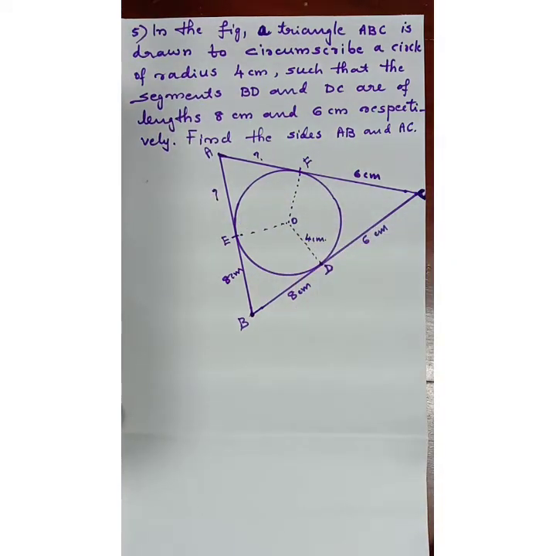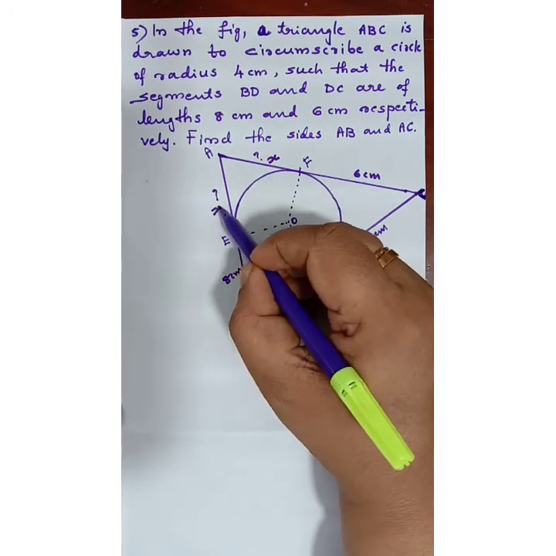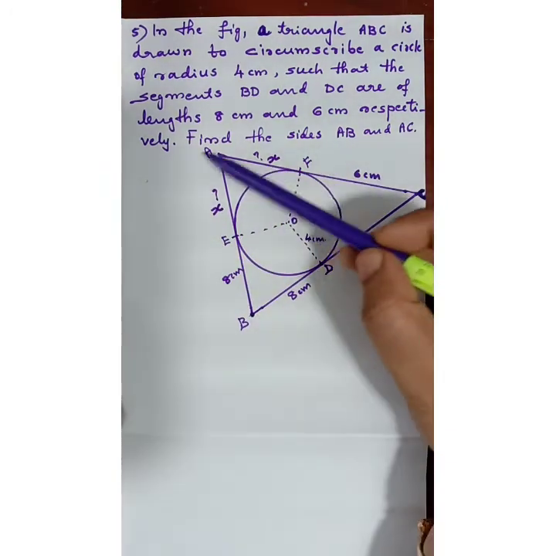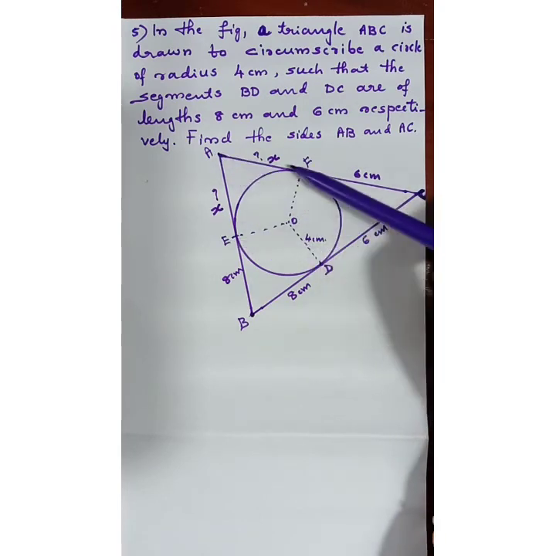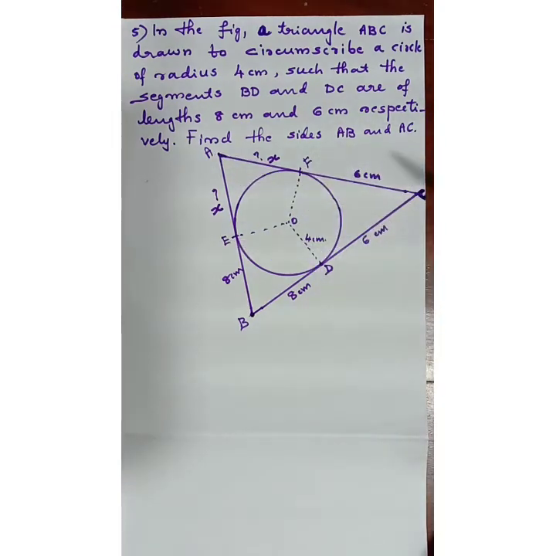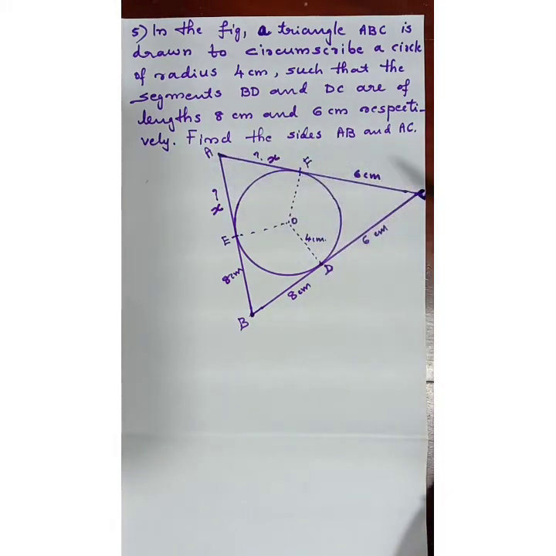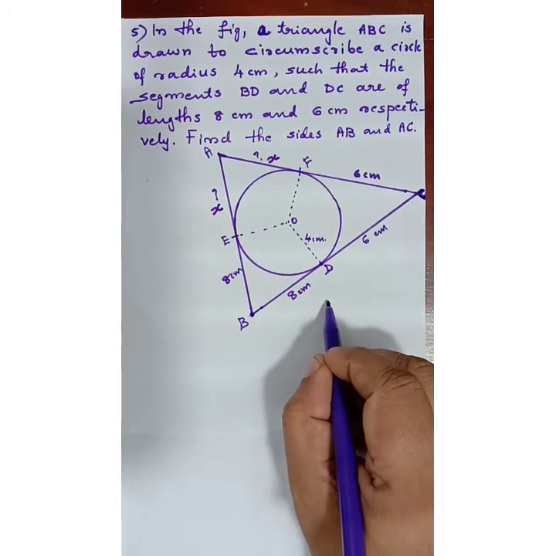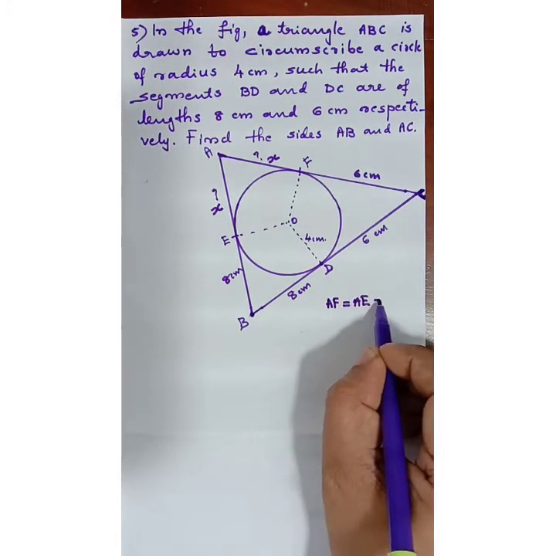How do we do that? Let us consider it as X. So this also will be X, because A is a point outside from which AE and AF are two tangents drawn from external point A. They are equal. So let us write AF equals AE equals X.